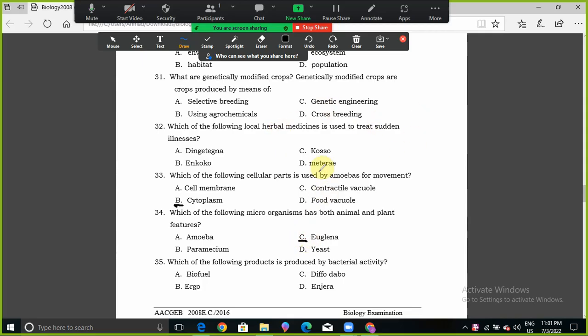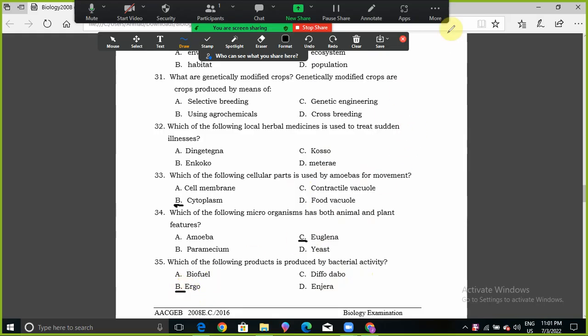Okay. In question number 35, it says which of the following products is produced by bacterial activity? Biofol, Difudabo, Injera, or Ergo? The answer is Ergo.